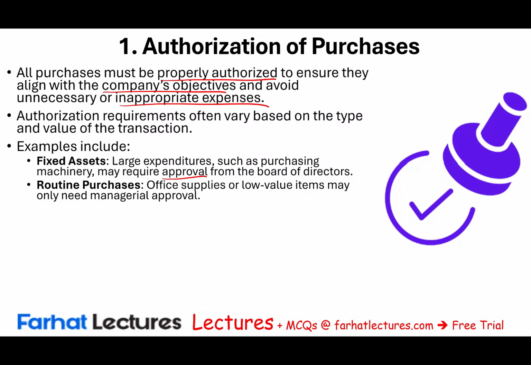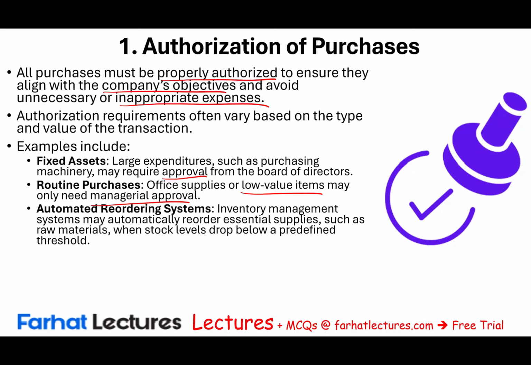Now, for routine purchases like office supplies or low value items, maybe we only need managerial approval, or below a certain amount, maybe as an employee we can do it on our own. Each company is different. Then we might have an automated system. An inventory management system may automatically reorder essential supplies such as raw material when stock levels drop below a predefined threshold.